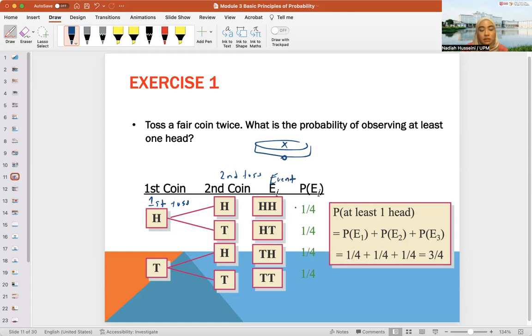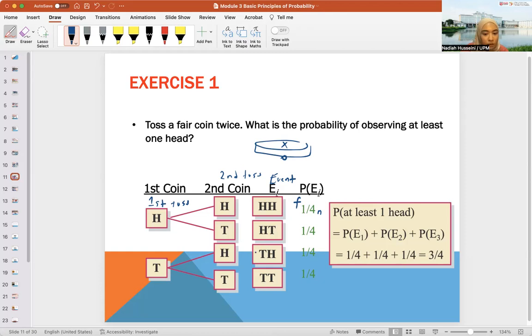So what is the probability of this event occurring? The total number of events that you have is 4. So the probability of this happening is 1/4. This is the frequency over n, f over n. What is the probability of HT happening? You only see it once, so 1/4.